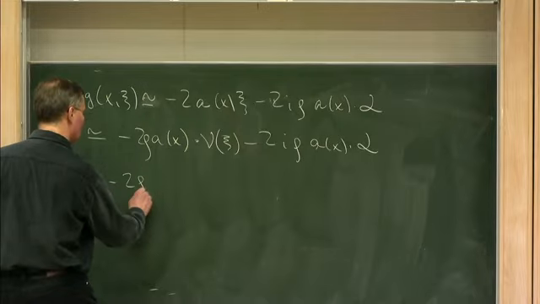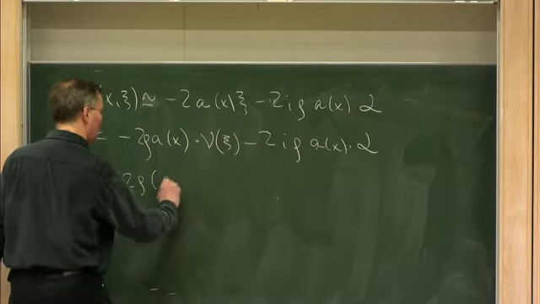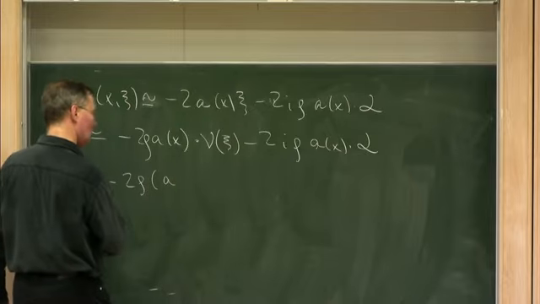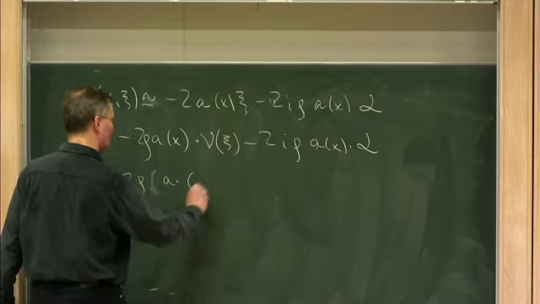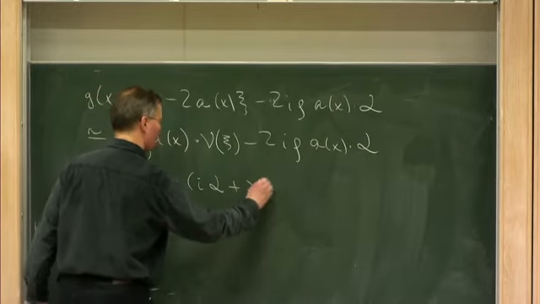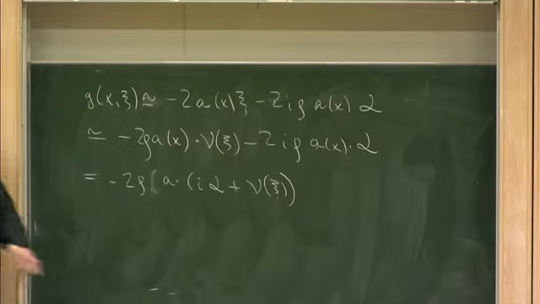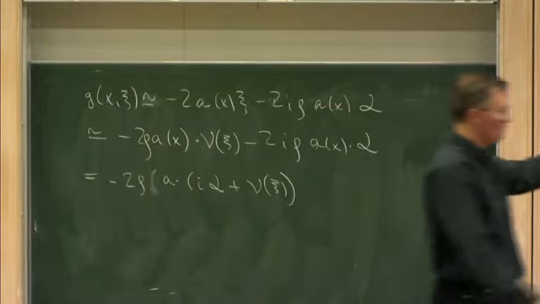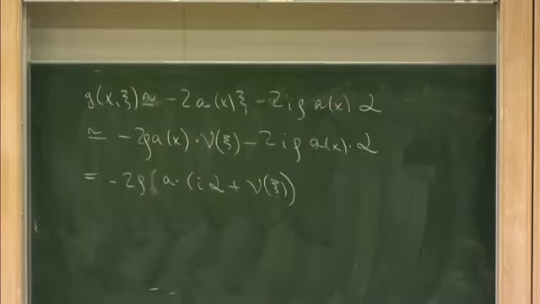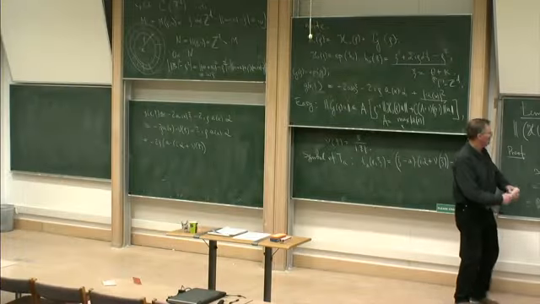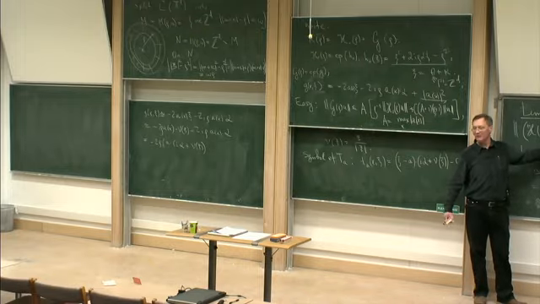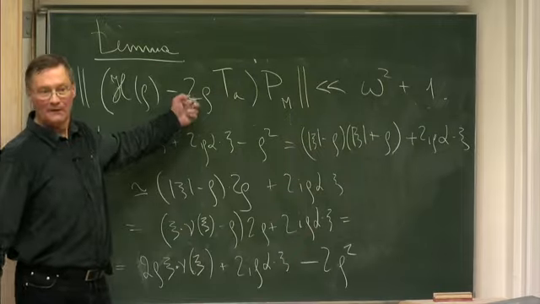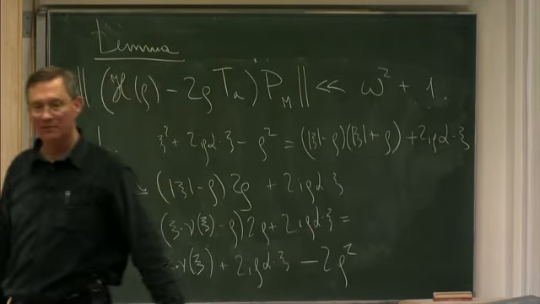Minus 2 rho a times I alpha, okay. So now if we take the unperturbed part here, combine it with the perturbed part, we will get exactly this symbol. All right? We will get exactly this symbol and 2 rho as a prefactor. So we got this reduction to the first order operator.